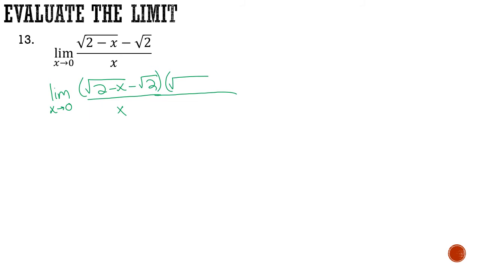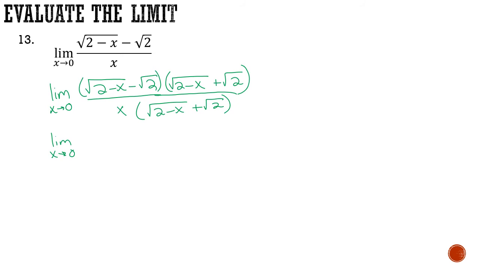So the conjugate is square root of 2 minus x plus the square root of 2. So whatever you multiply to the numerator, you're going to do that same thing to the denominator. Okay, so now I'm going to actually multiply that numerator. When you multiply the conjugates, you end up getting like a squared minus the b squared. The outside and the inside will cancel.